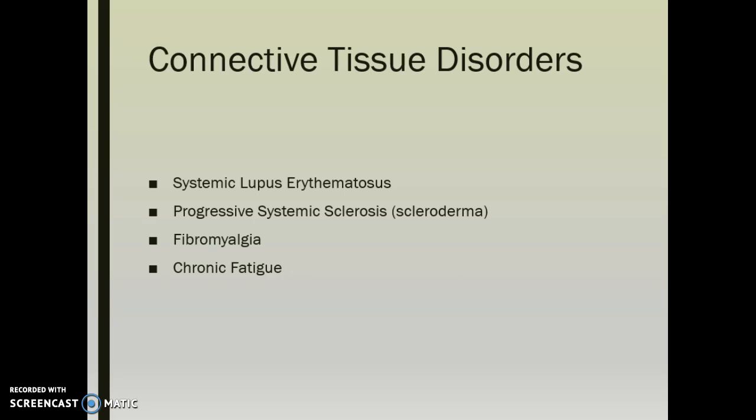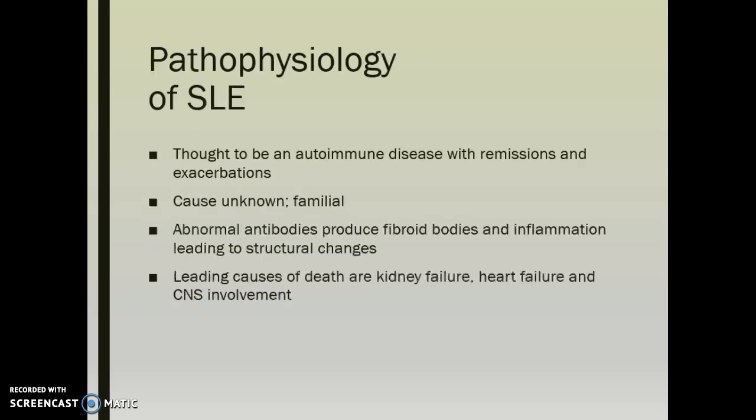But I will talk about systemic lupus erythematosus a little bit because I think I have some things I can add to it. The pathology: it's an autoimmune disease. They have no idea what causes it, and there are remissions and exacerbations. It travels in families, but they haven't linked it to a specific gene.